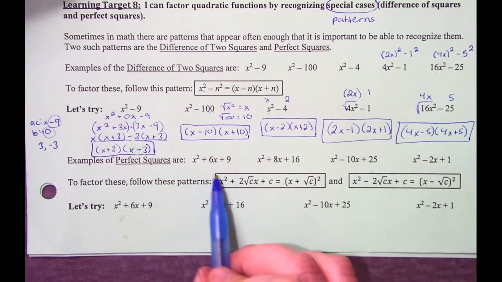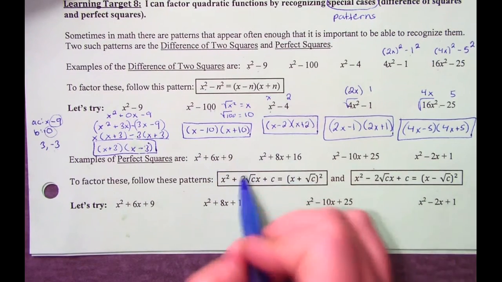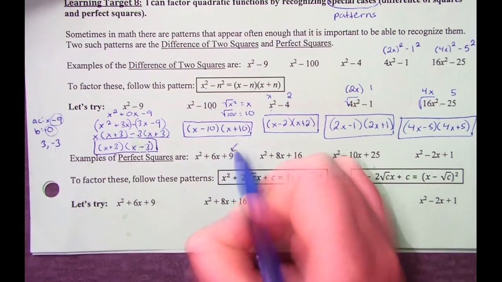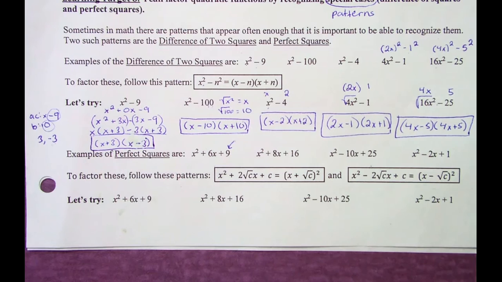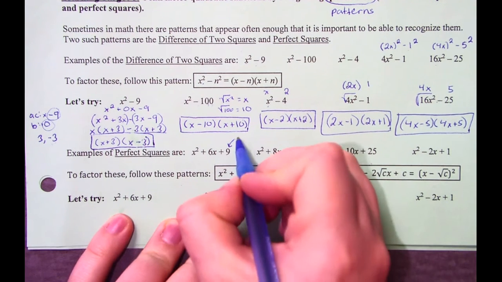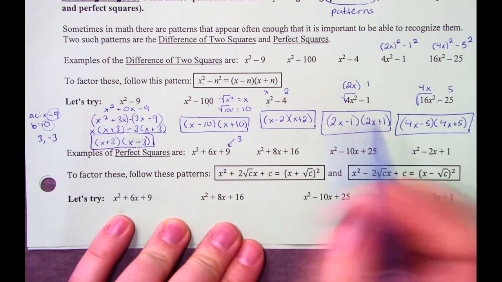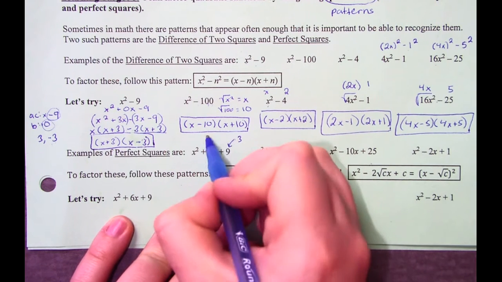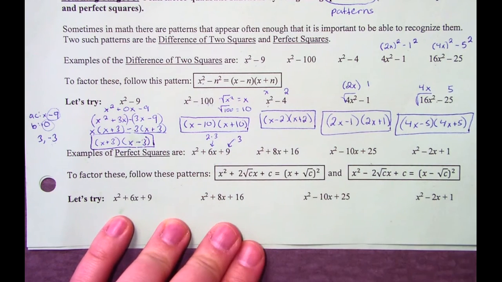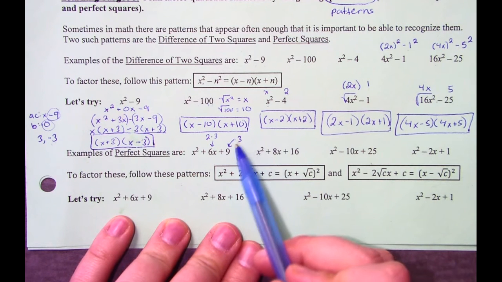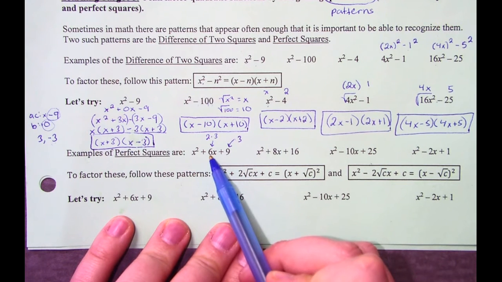So if you look at this, perfect squares, you can recognize because this has to be a perfect square right here. And then if you take the square root of that, so in this case it'd be 3, this is 2 times whatever that is. So the square root of 9 is 3, 2 times 3 is 6.